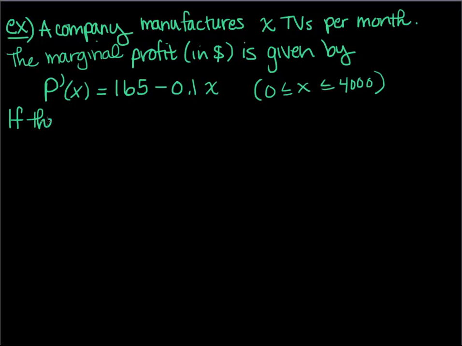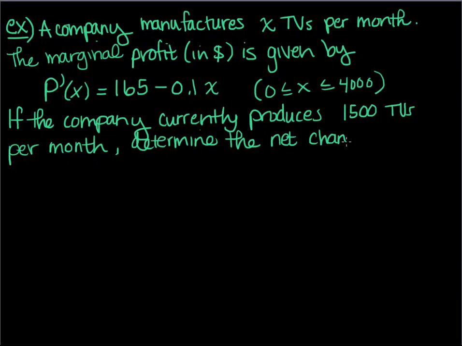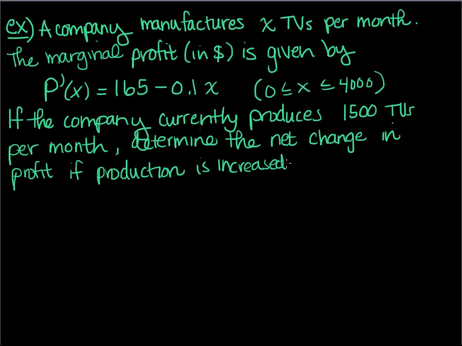Okay, so if the company currently produces 1,500 TVs per month, determine, it's a lot of writing, the net change in profit if production is increased to 1,600 TVs per month.